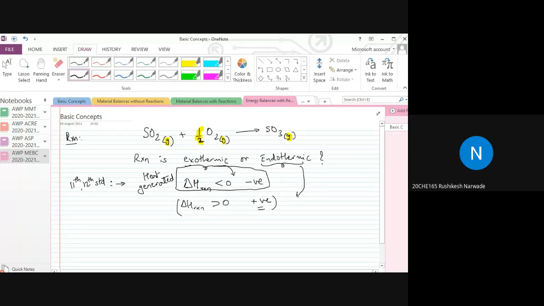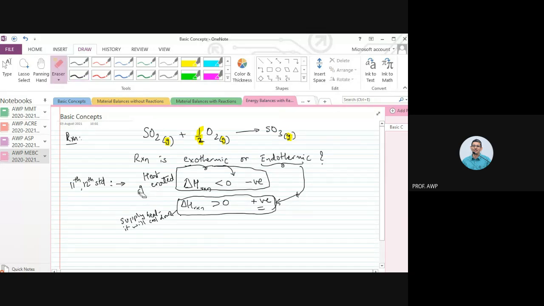When it is endothermic, we need to supply heat, and if you don't supply, it will cool down. Products will be at a lower temperature.